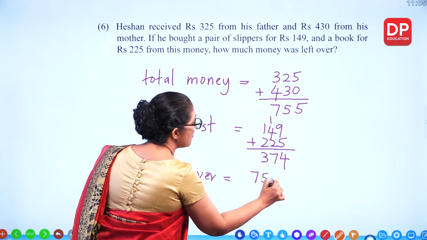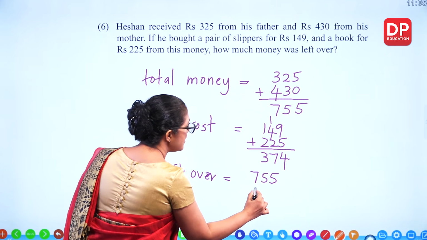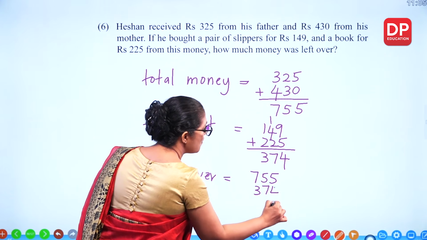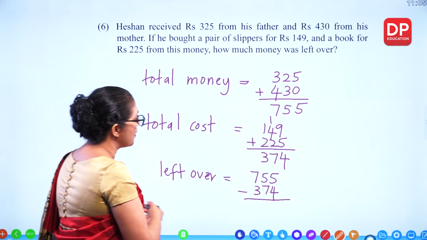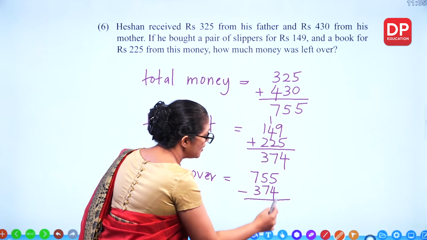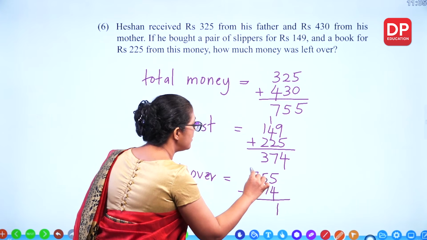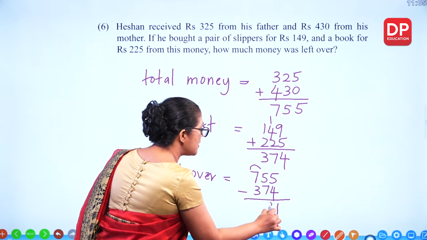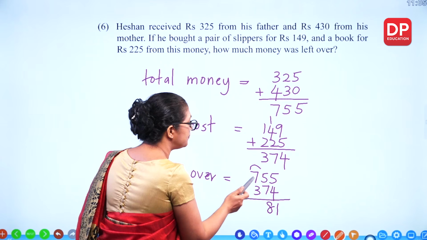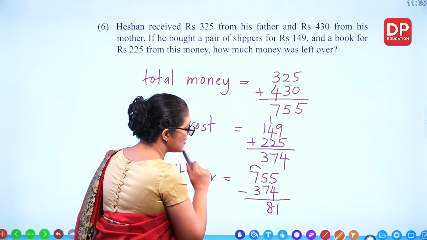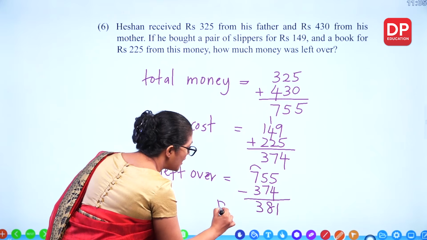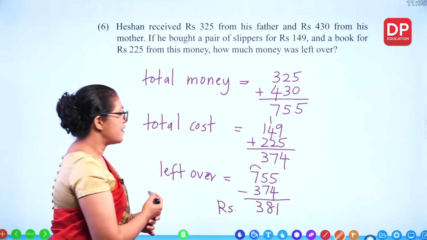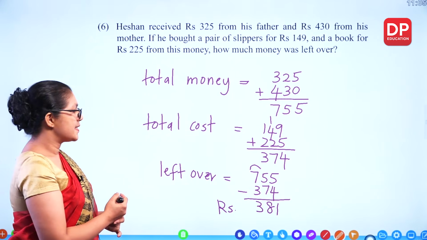He had 755 rupees and he spent 374 rupees for slippers and a book. So when you subtract, 15 minus 7 is 8 and 6 minus 3, 3. So the leftover is 381 rupees.